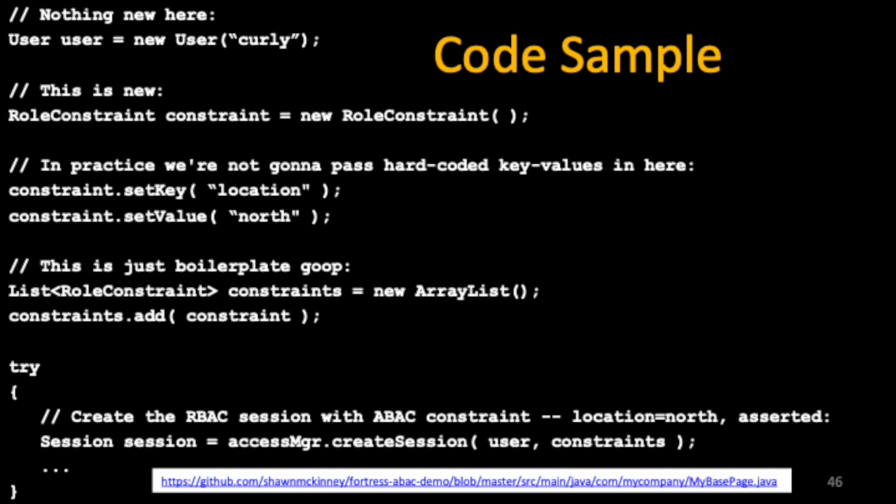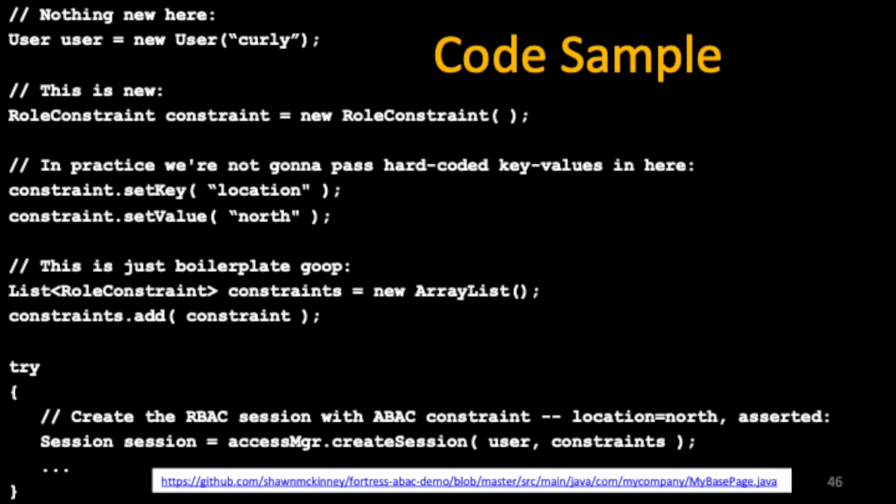Okay, this is a bit of an eye chart, but I wanted to show you, because again, Fortress is an API, right? So imagine you are an application developer and you want to use this in your app. What's that API look like? How would you do that? I had to introduce a new entity called role constraint in order to do this.